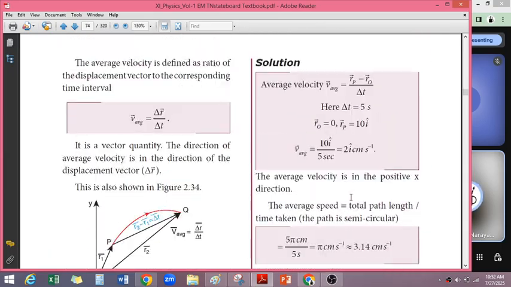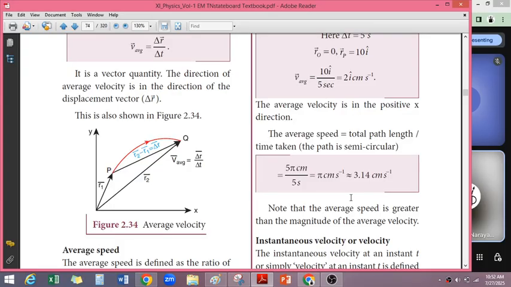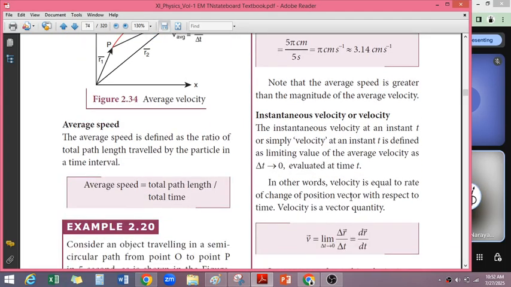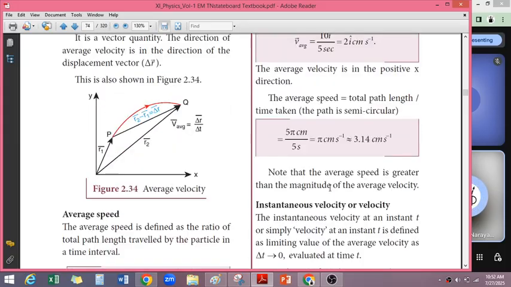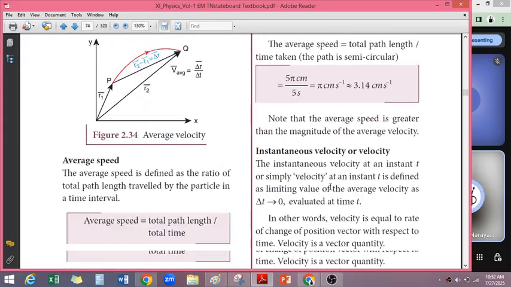Average velocity is delta r by delta t, there is no integration here. Average speed. Okay, let us do some problems and see if it makes sense to you.